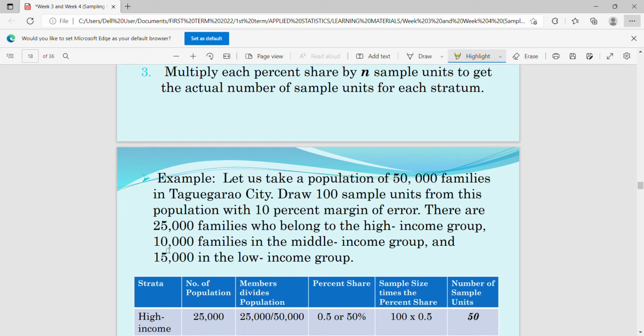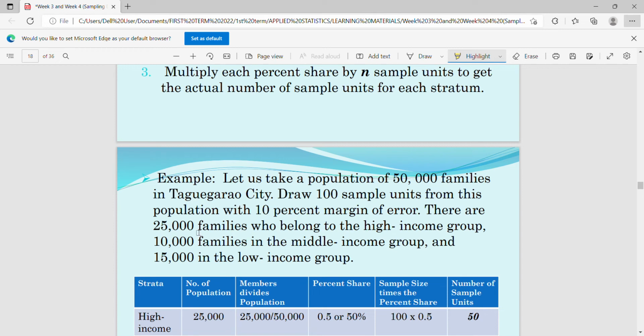So in this example, we are already given the groups or the strata in this population. The population of the families has a total of 50,000.